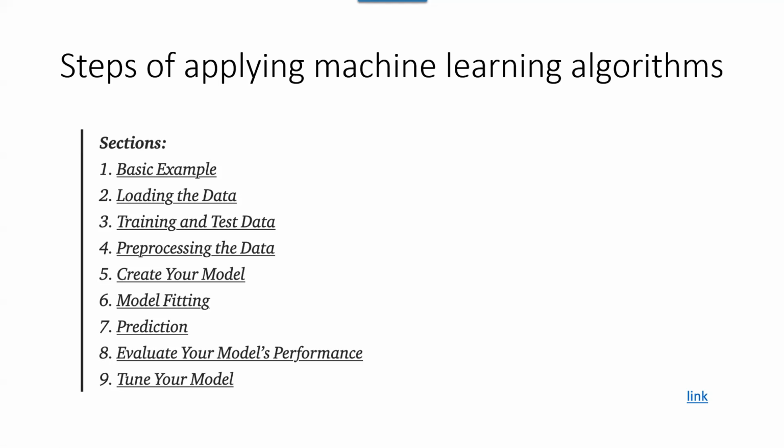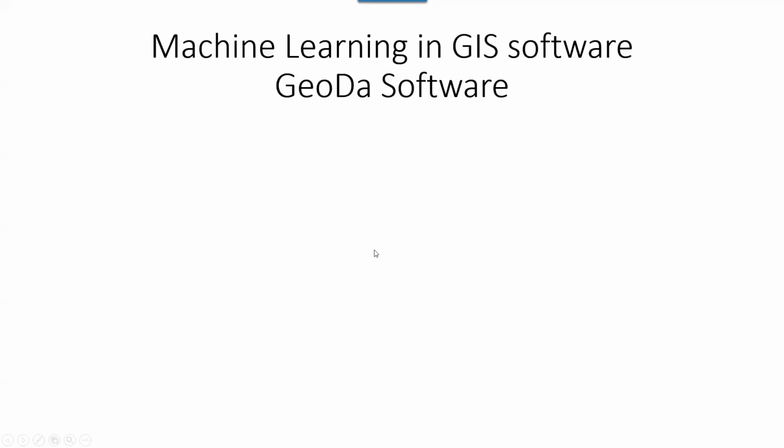Sometimes we need to clean the data, divide the data into training and testing data, pre-process the data, create the model, fit the model, make the prediction, evaluate the model performance, and increase the accuracy or the goodness of this model by hyperparameter tuning.